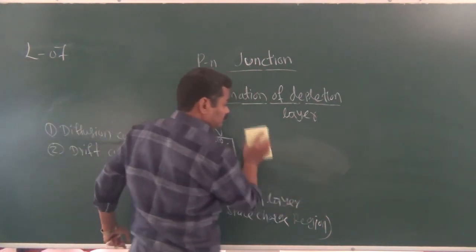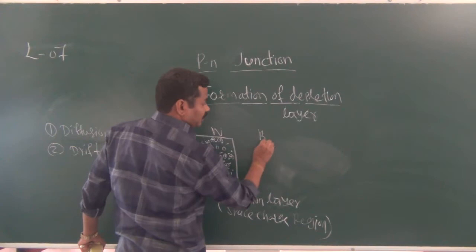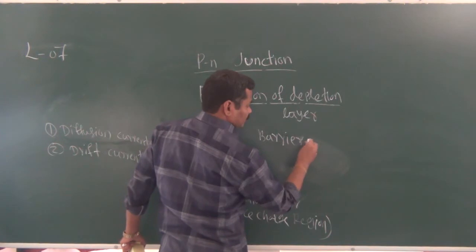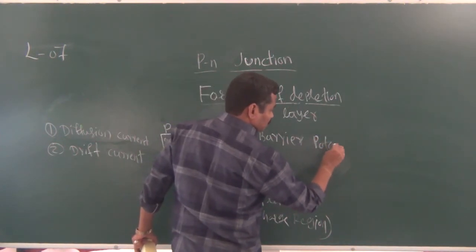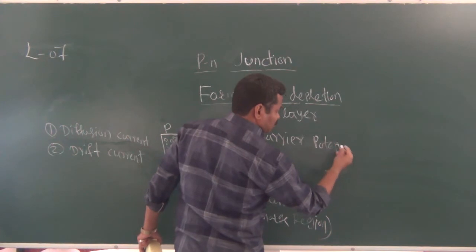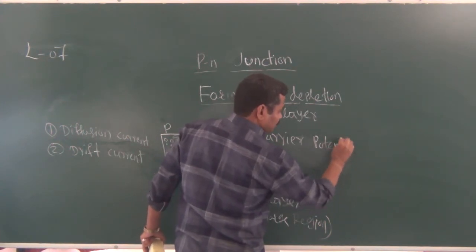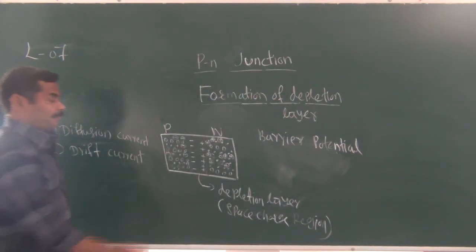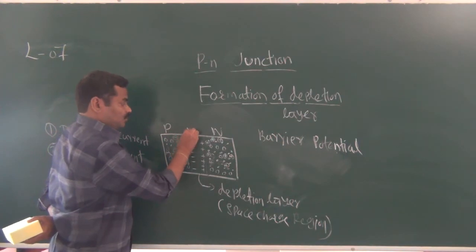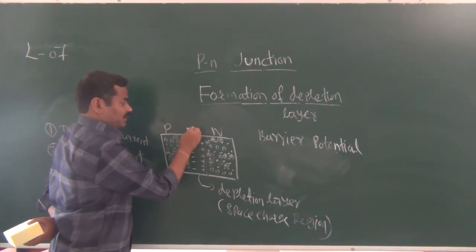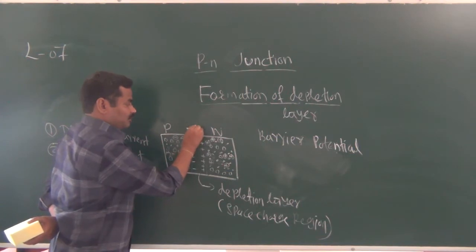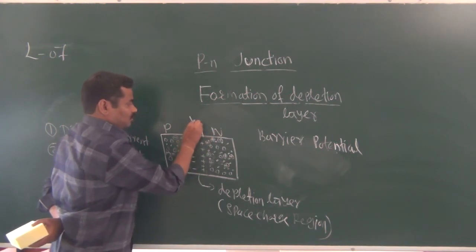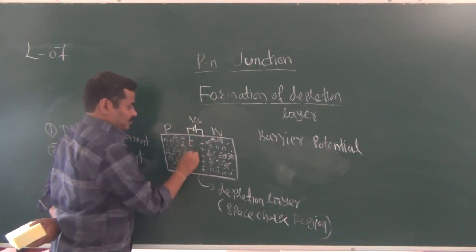Here, these negative ions and positive ions will create some electric field, or some potential difference. That potential difference is nothing but the barrier potential. It is nothing but VB.